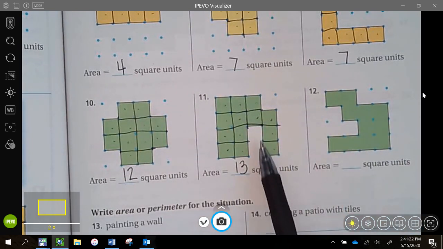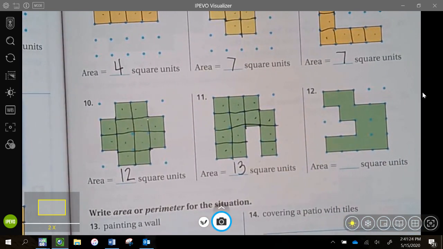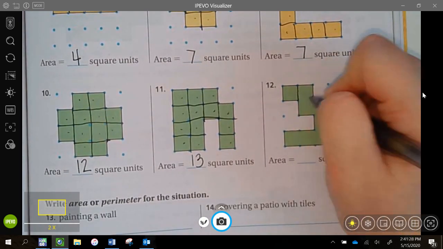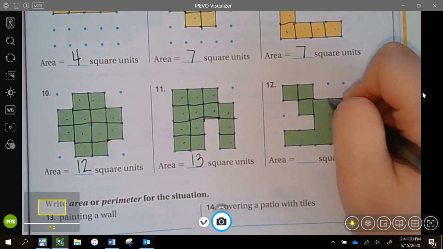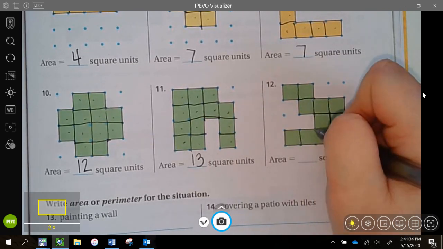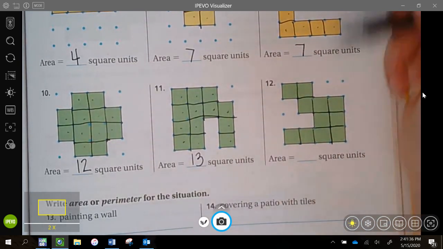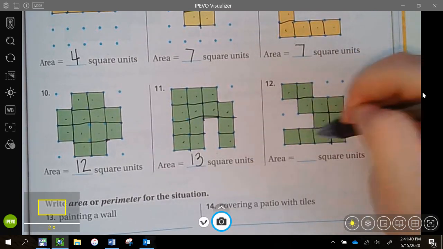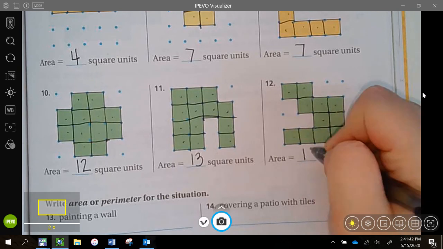Notice I didn't count these pieces. They're not a part of the green shape. So you're only counting the green pieces. Even though the shapes are very interesting and different, you still want to count just the green. So 1, 2, 3, 4, 5, 6, 7, 8, 9, 10, and 11.